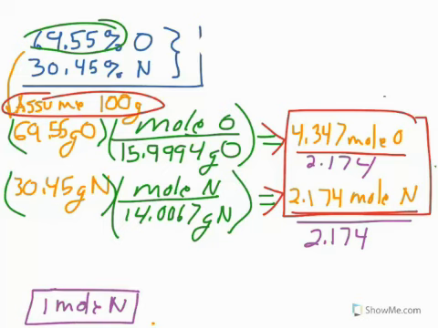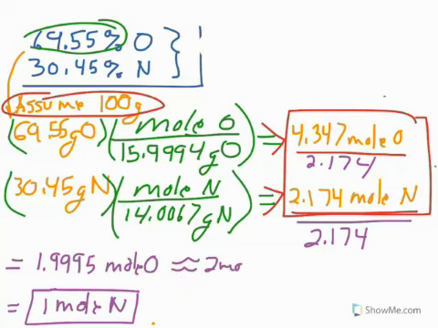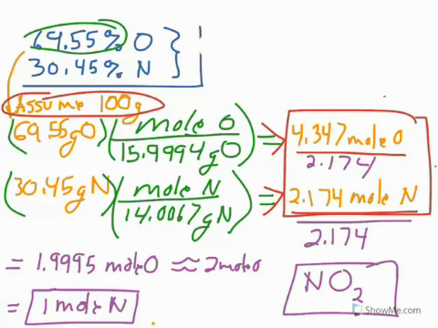And on the top I get 4.347 divided by 2.174. I get 1.9995 moles of oxygen, which rounds up to about 2 moles of oxygen. So my compound, the empirical formula, is 1 nitrogen per 2 oxygens, NO2. That's how you do empirical formula.